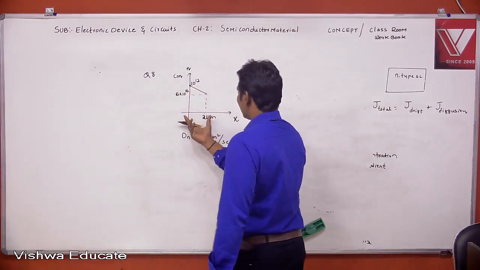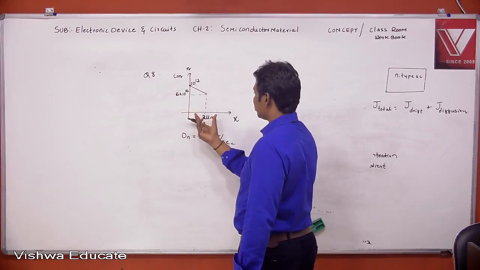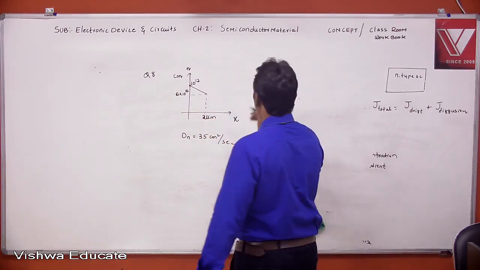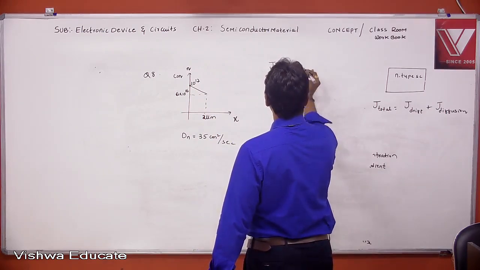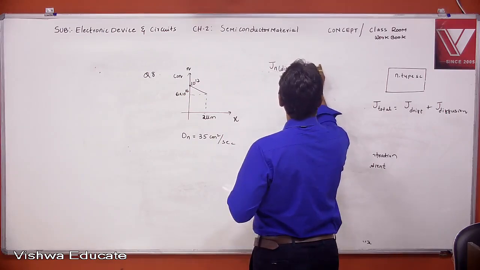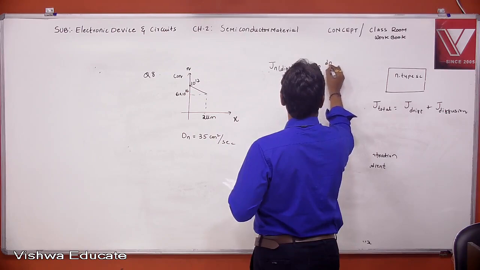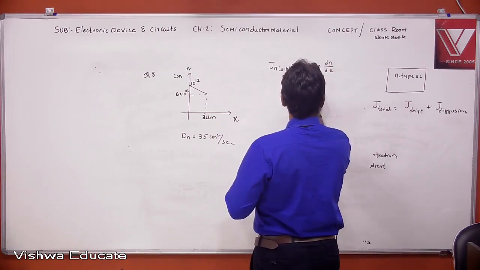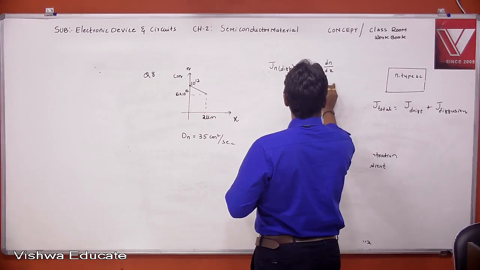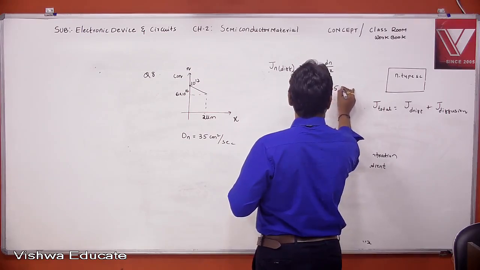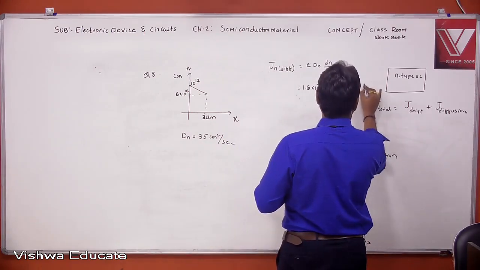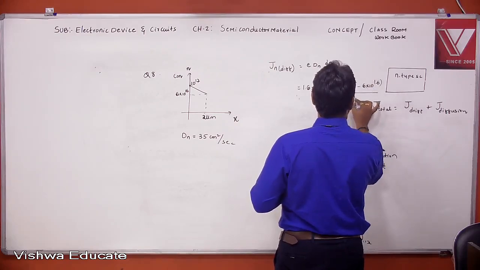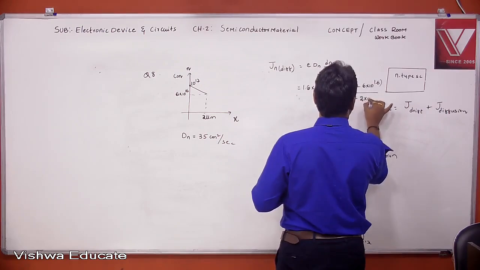Here, clearly the concentration varies from high concentration to low concentration, right? So which current will flow? Diffusion current. That means which one? J n diffusion, because it is an n-type sample. J n diffusion due to electrons is nothing but e into D n into dn by dx. So what is the charge of an electron? 1.6 into 10 power minus 19, D n value 35. Change in concentration is 10 power 17 minus 6 into 10 power 16. Change in distance is 0 minus 2 into 10 power minus 4.